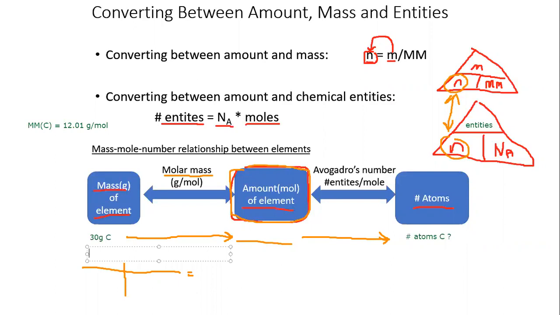So we have 30 grams of carbon. Now, since we want to go to moles, if we look at our top triangle, to go to moles, it's mass divided by molar mass. So this 12.01 goes on the bottom, and the 1 mole goes on top.